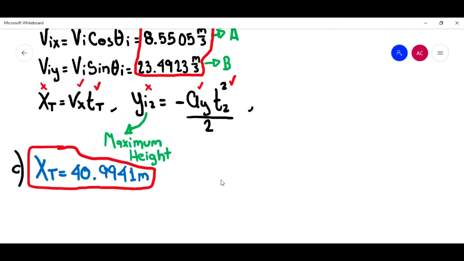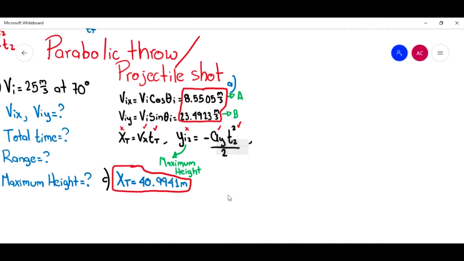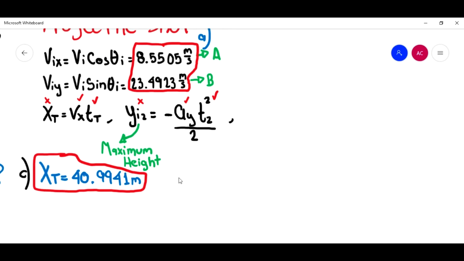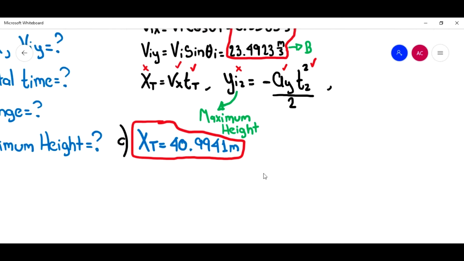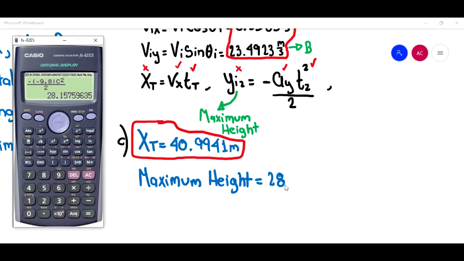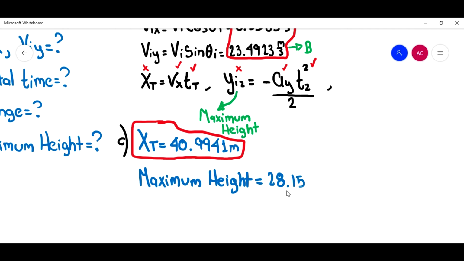Let's do it. I'm just going to write it here. You can write this maximum height equals 28.1575 meters.